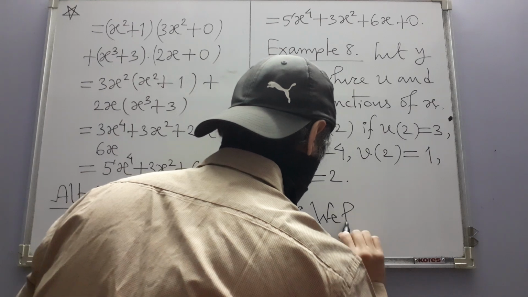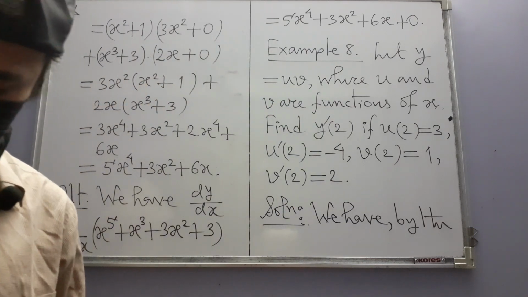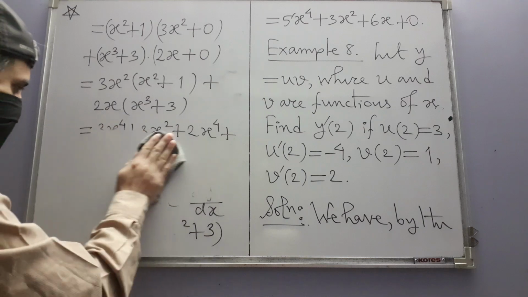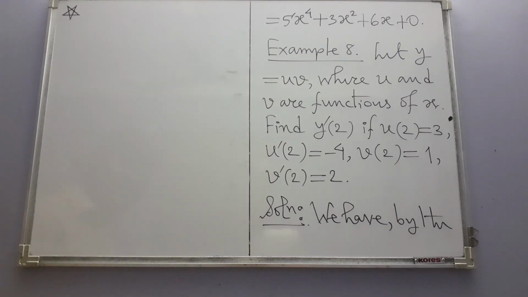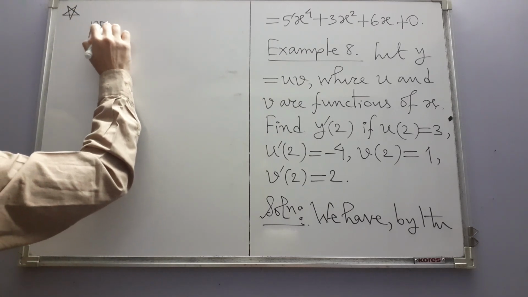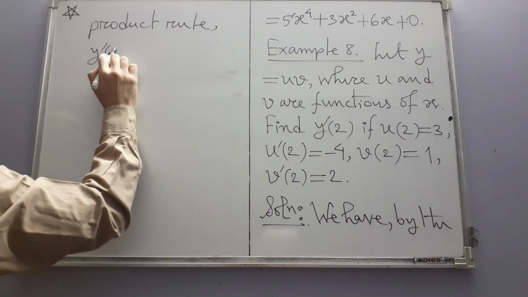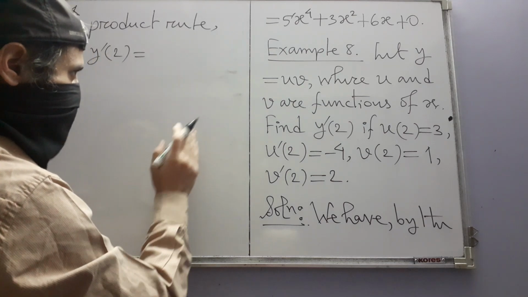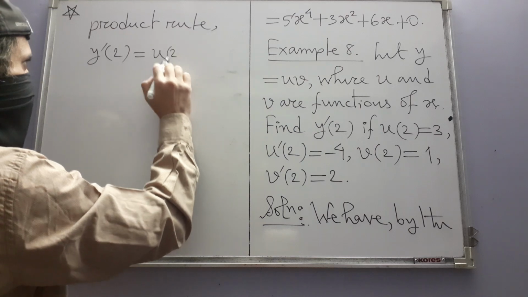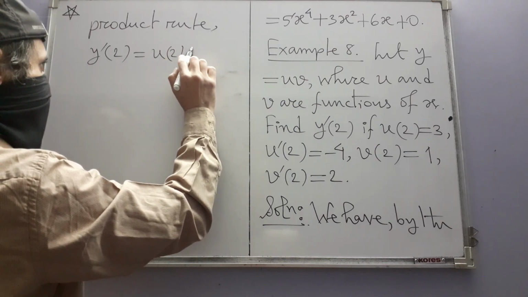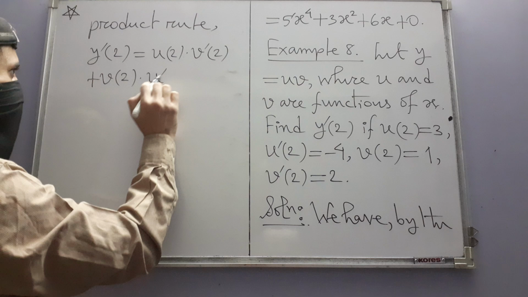We have, by the product rule, y prime at 2 equal to, so y is uv, that means it will be u times v prime, but because we are calculating it at 2, so u of 2 times v prime at 2 plus v of 2 times u prime at 2.